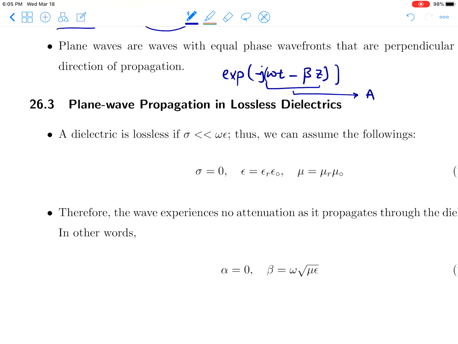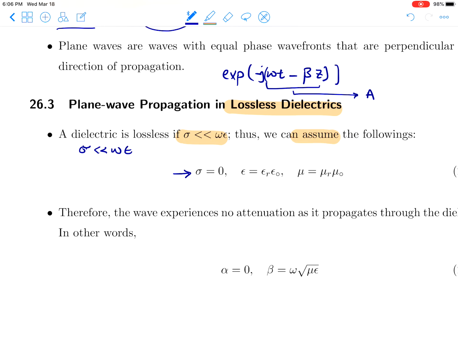Now let's talk about the first special case, which is the lossless dielectric. In a lossless dielectric, sigma, the conductivity, is very small, much smaller than the product of the angular frequency and the permittivity. The key term here is assume.